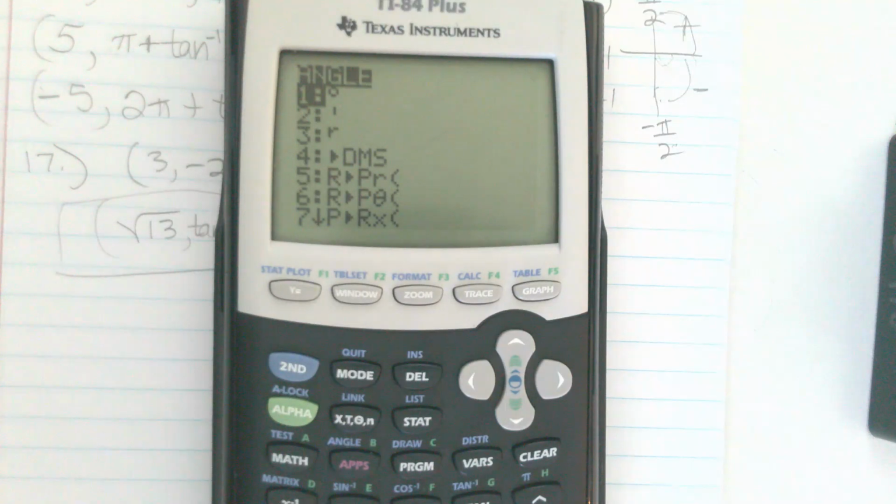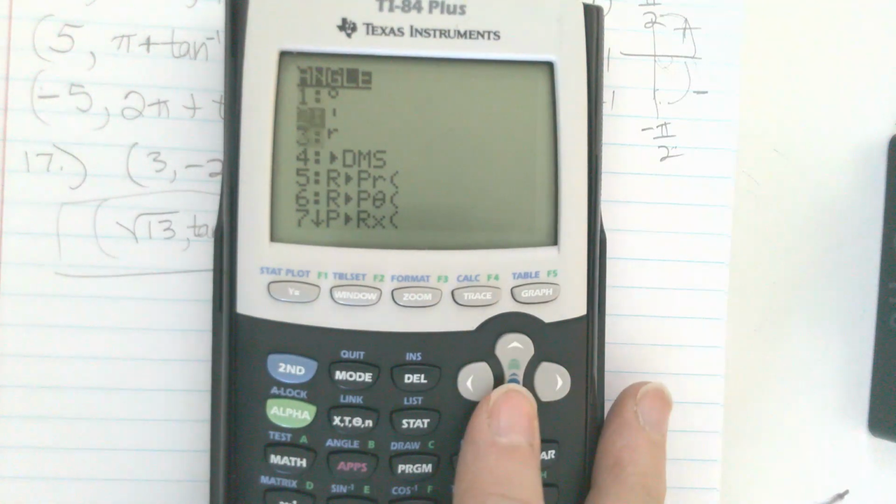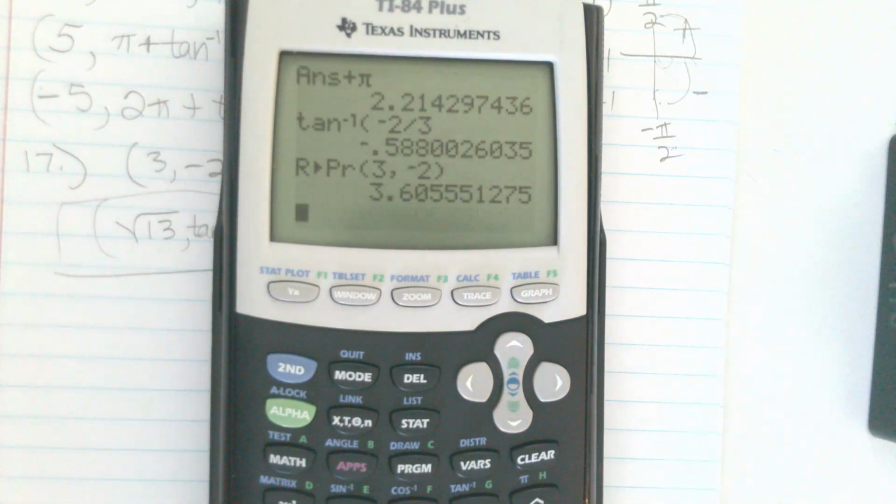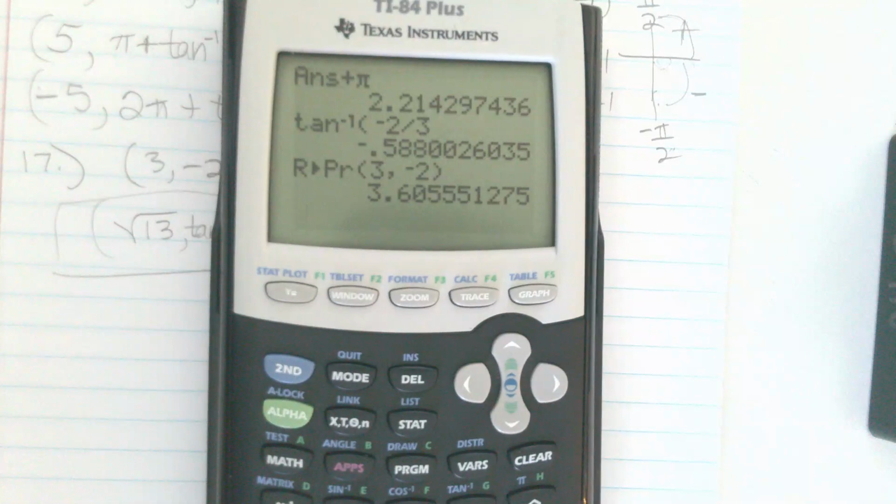Does that show polar? Well, look at that, rectangular to polar. 3, comma, -2, was that it? Yeah. The point.